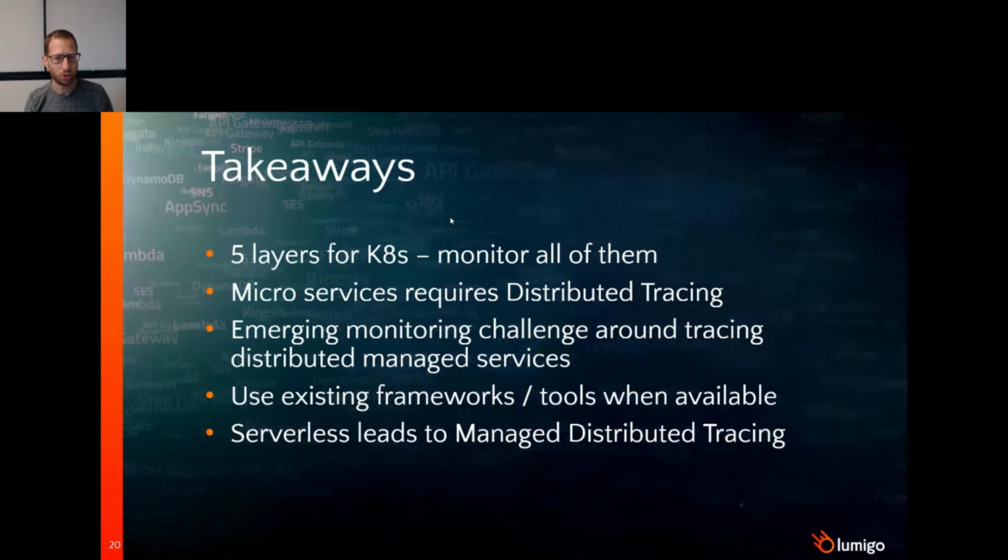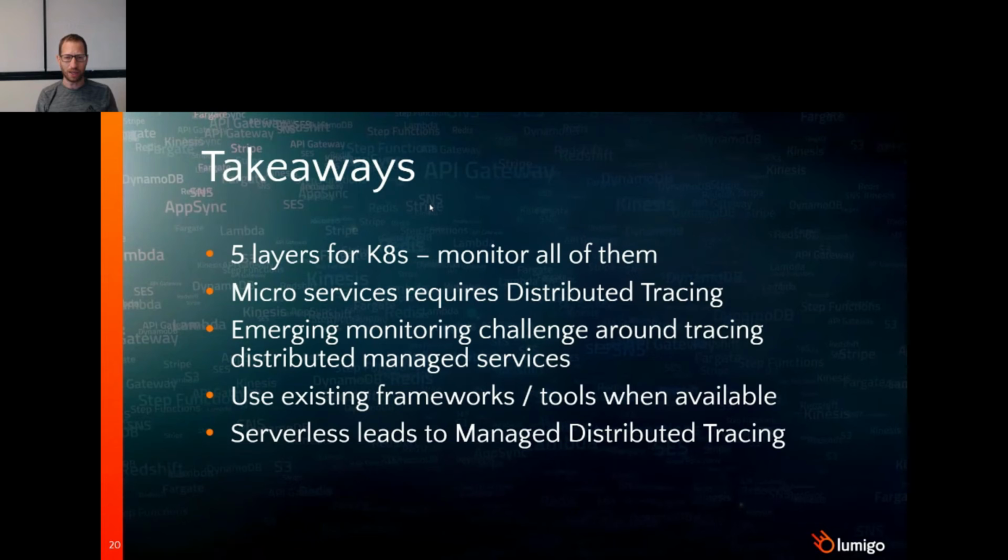Those are things that you should look at in case you want to implement your own distributed tracing in a containers or microservices environment. That's not taking care of the managed services, but it is a great place to start. And please try that before implementing your own, because everything is ready for use over there. It would be a shame to reinvent the wheel, and it's a great framework.